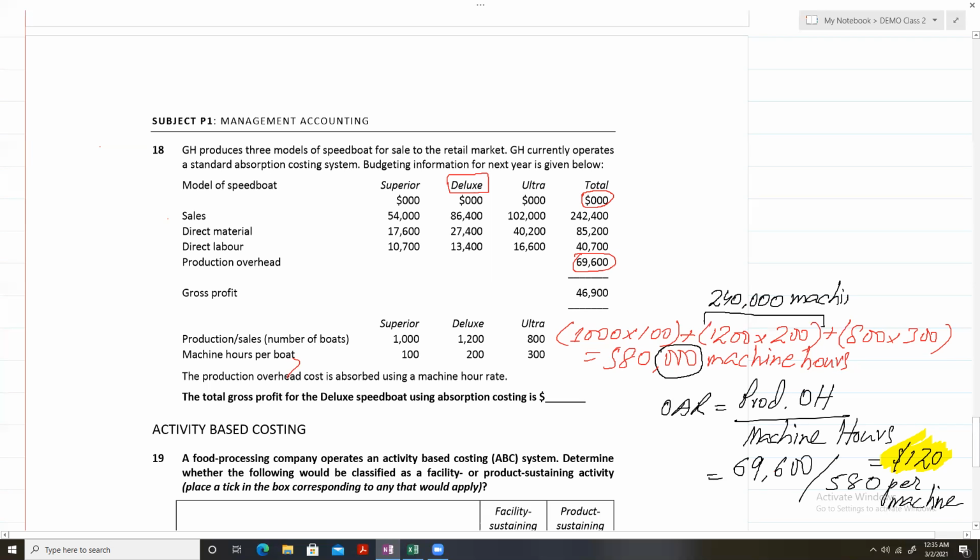Now, what is the amount of production overhead that should be allocated to the deluxe speedboat?